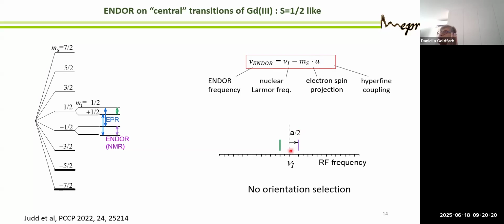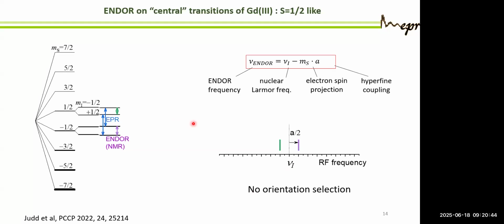You get these two lines that are centered around the Larmor frequency, just like I showed you before, and there's no orientation selection. This was pointed out very nicely by Nick Cox and his students, who showed that you can do this fluorine ENDOR with gadolinium without orientation selection.